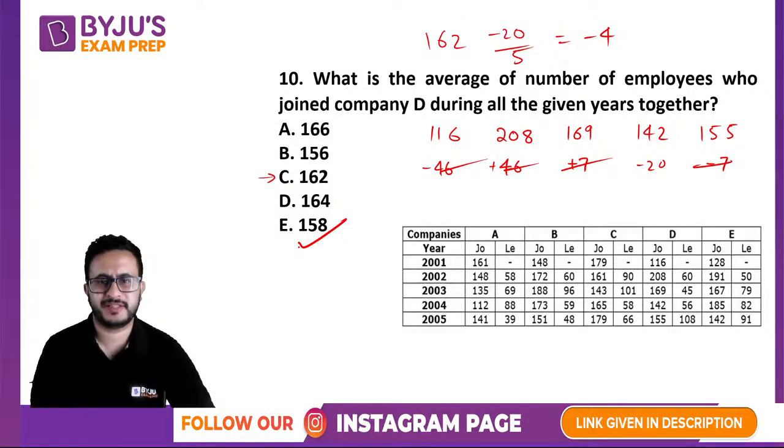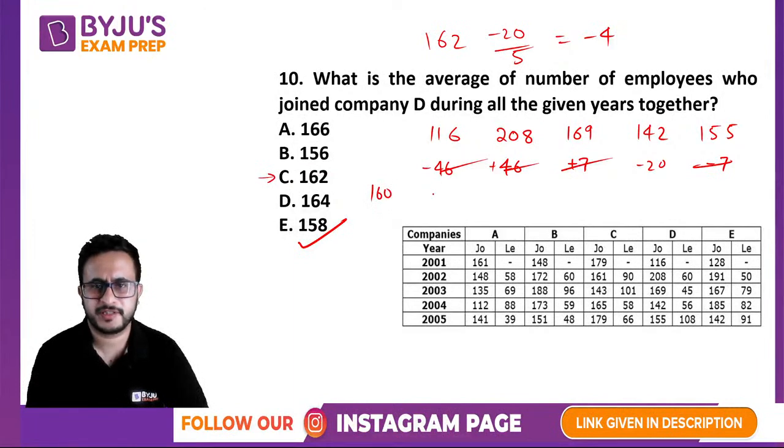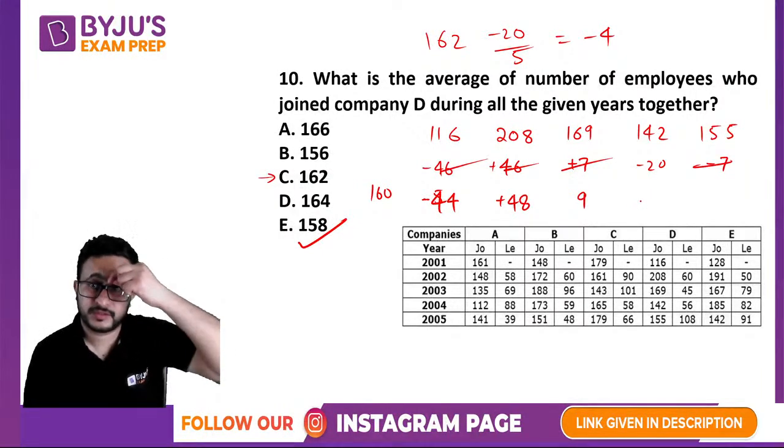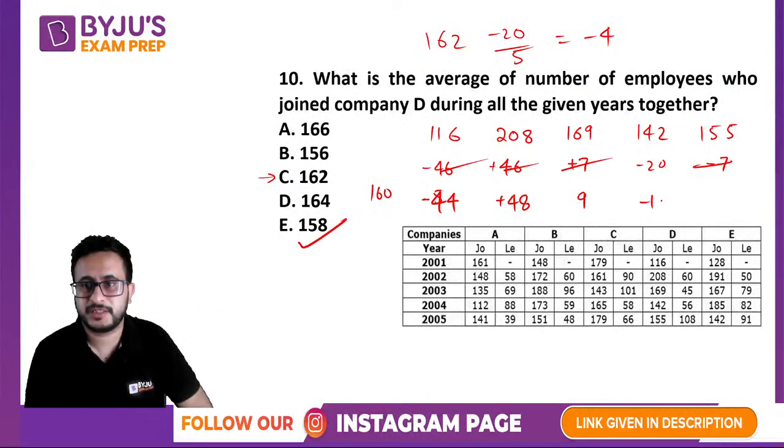Right, you could assume 160 also, it will not affect. If you assume 160 as the average, this would be minus 44, this would have been 48, 9, minus 18, and this will be minus 5.